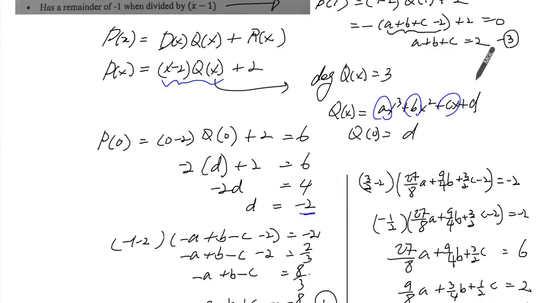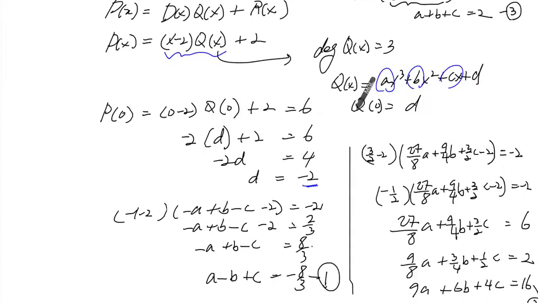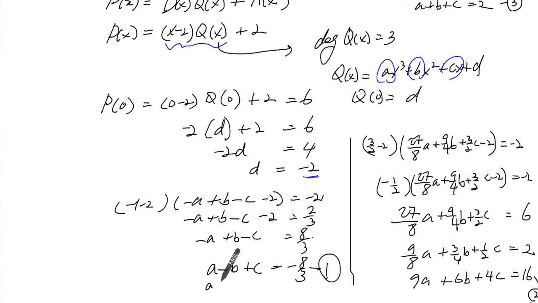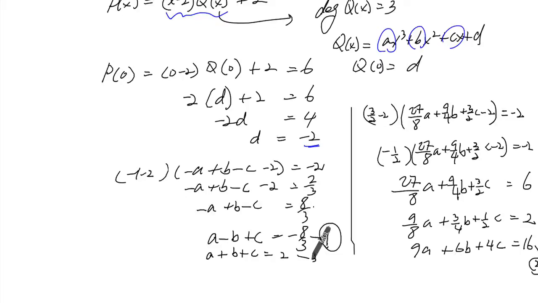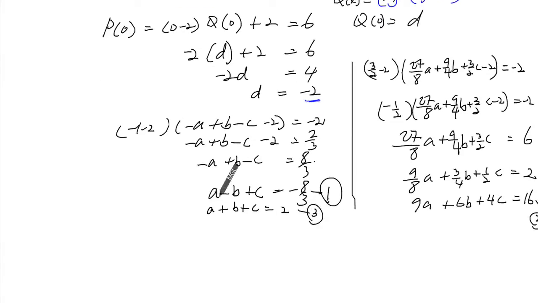Let me bring it down here. In fact, it looks very nice. I think it will look very nice beside equation 1. A plus b plus c is equal to 2. It's equation 3. Note that the coefficients of a and c line up, so we can actually subtract equation 1 and equation 3.